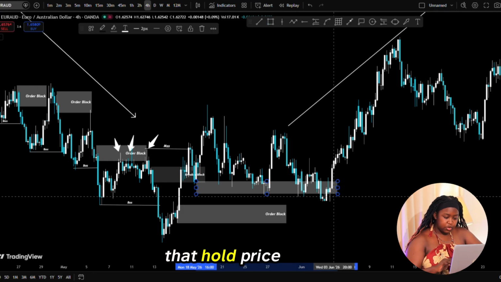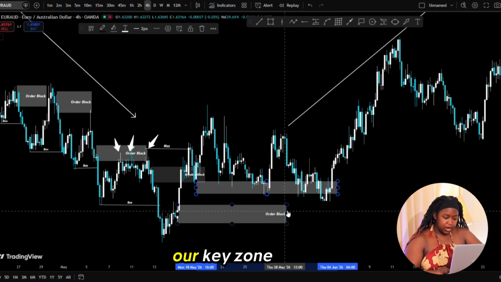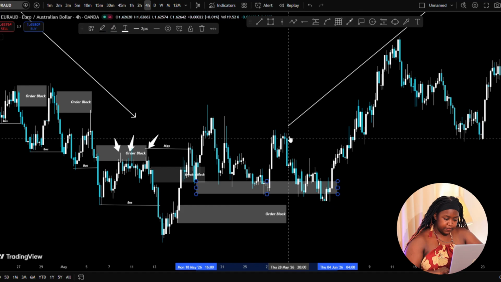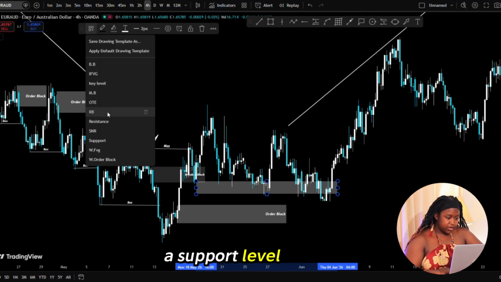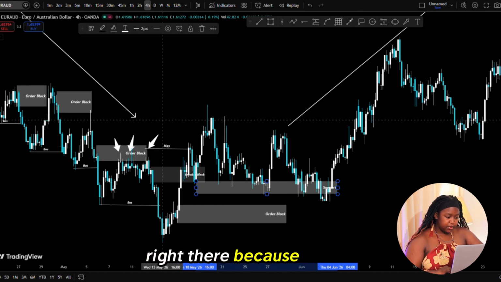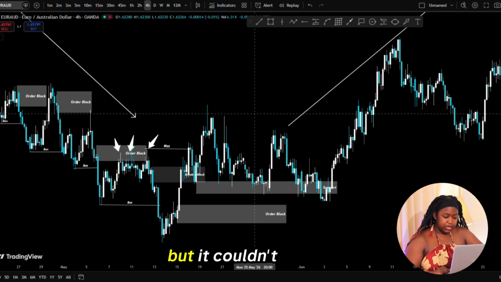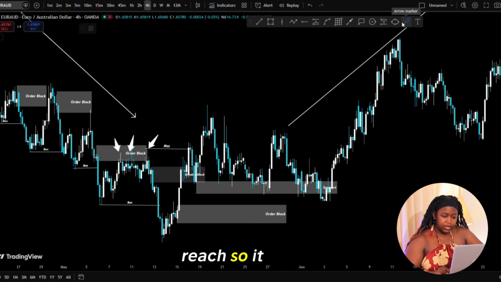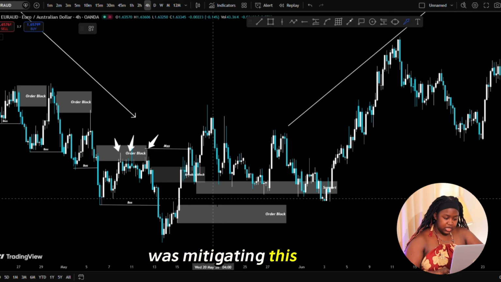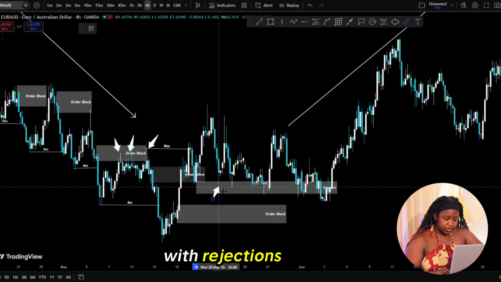support zone here that held price from reaching our key zone here. So we had a support level right there because, as you can see, price tried to reach this level but it couldn't, so it was mitigating this support zone with rejections.